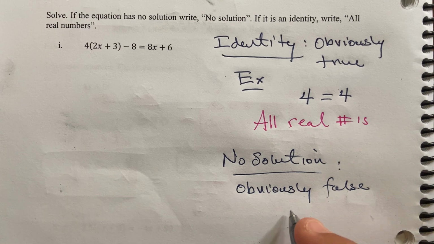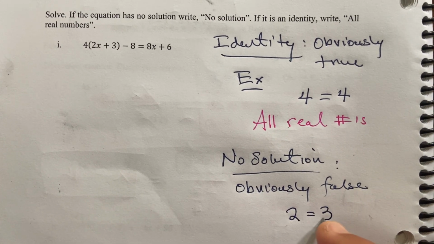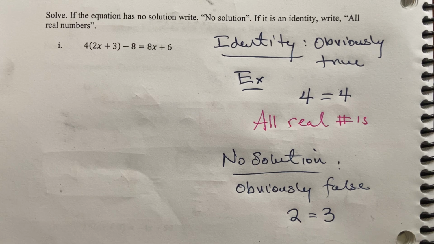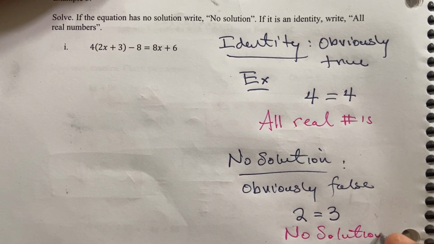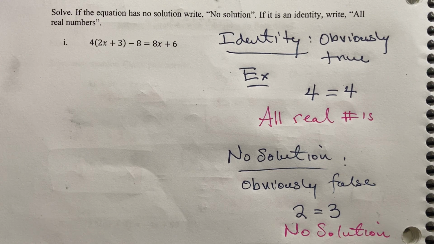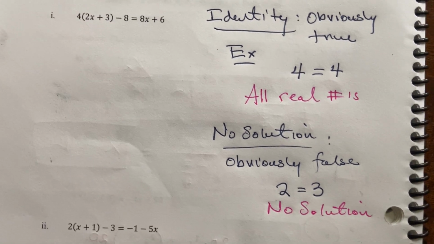So what I mean by that is you'll have like 2 equals 3. 2 does not equal 3. That's what I mean by obviously false. So this would be no solution. We call those inconsistent, but I don't think you need to worry about that.